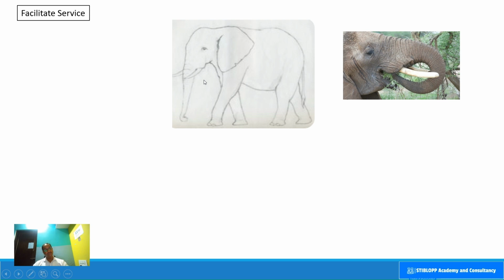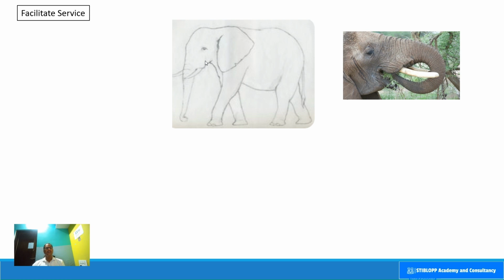So, this is one of the best example that we can find in the nature, that the nose of the elephant is designed even for the serviceability, because the primary function of the nose is to breathe, whereas the secondary function is to service the food to its body.